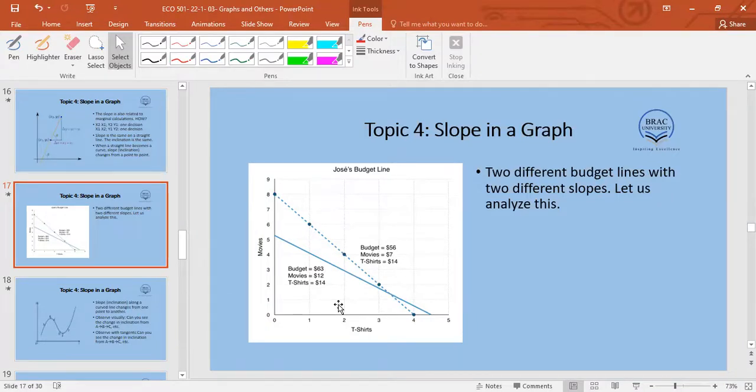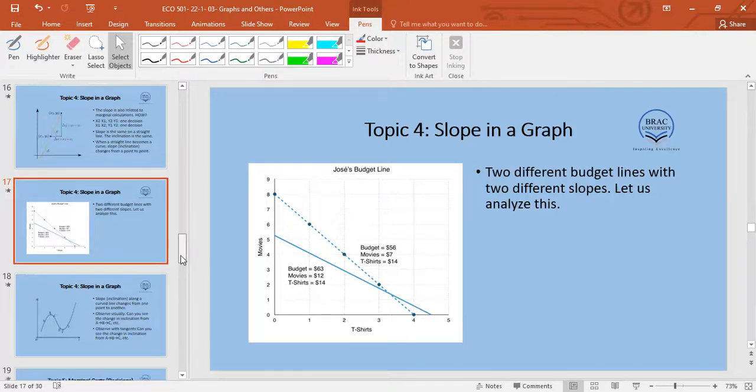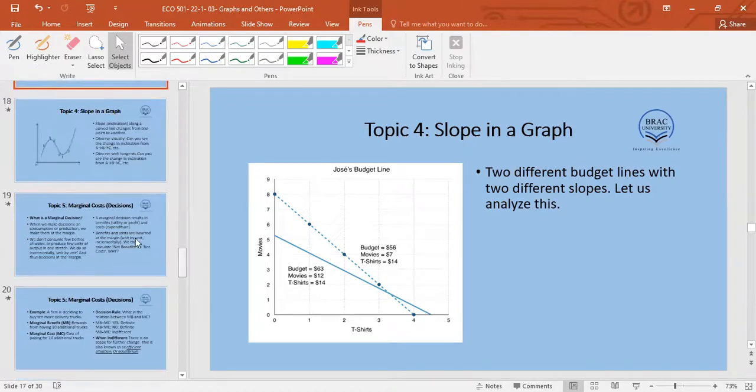The reference axis over here is the x-axis. Okay? Once we look at more graphs, it will be clear.